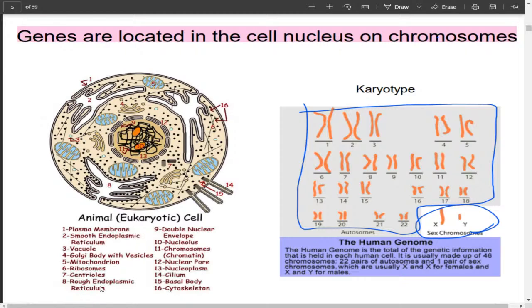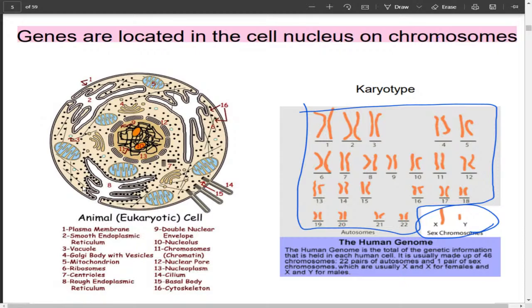Next, number 8 is rough endoplasmic reticulum. The rough endoplasmic reticulum, as we can see, is surrounded by ribosomes.